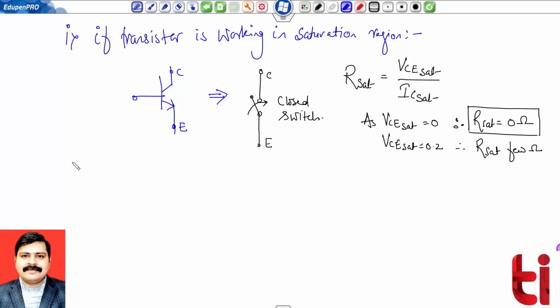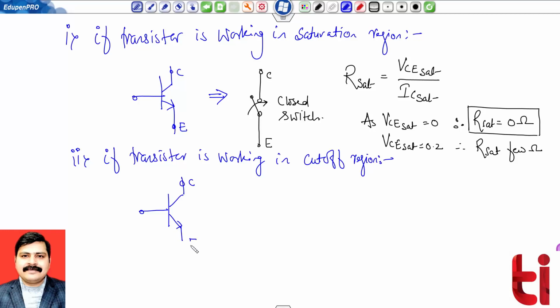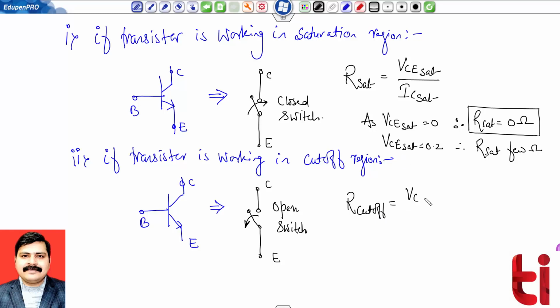In the second case, if my transistor is working in cutoff region, between the collector terminal, emitter terminal, and base terminal, the equivalent is a resistance, which is my R cutoff. This should be the ratio of cutoff voltage VCE cutoff, or simply VCC, divided by the cutoff current, which is my ICEO.